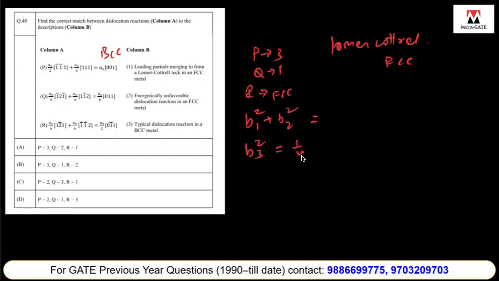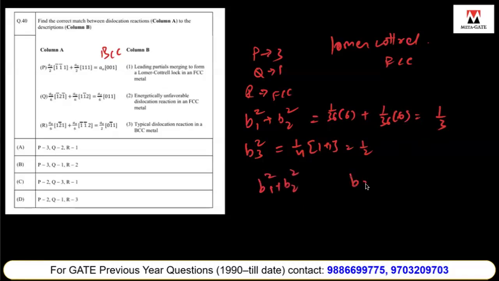It is 1 by 4 into 1 plus 1, 1 by 2 is 1 by 36 into 6, plus 1 by 36 into 6. So it is 1 by 2, 1 by 3. If you see clearly, b1 square plus b2 square is b3 square, 1 by 2, 1 by 3.